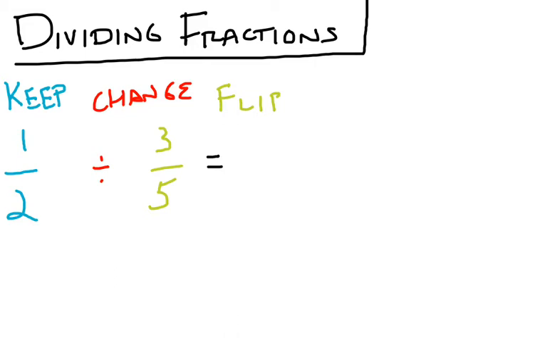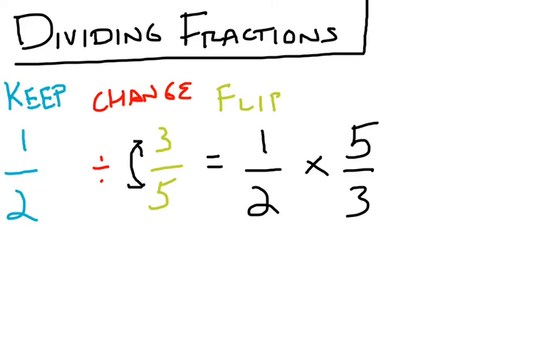So my new problem, if I keep it, is still 1/2. Change to multiplication, and I flip 3/5 so that it is now 5/3. I just flipped it around. So 1/2 divided by 3/5 really becomes 1/2 times 5/3.